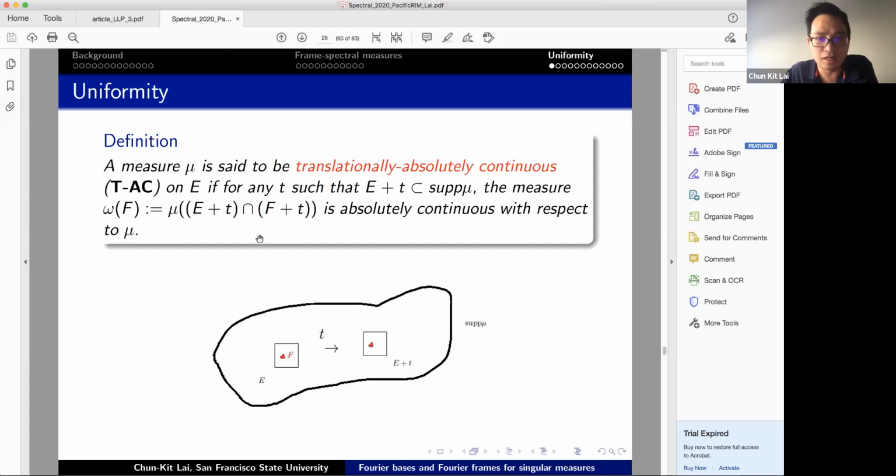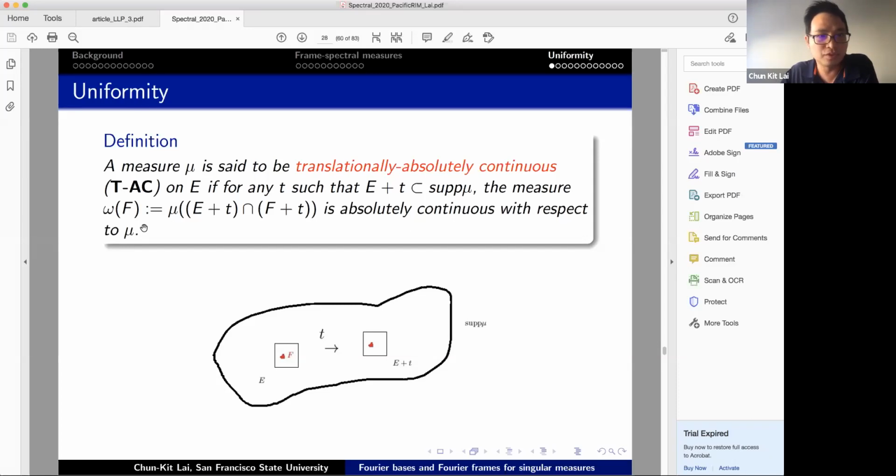And now the assumption is that the miles and kilometers are absolutely continuous with respect to each other. So translational absolute continuity means that if I bring back the measure from the other side to the place where we are measuring, they are absolutely continuous to each other. That's the definition of translationally absolutely continuous.